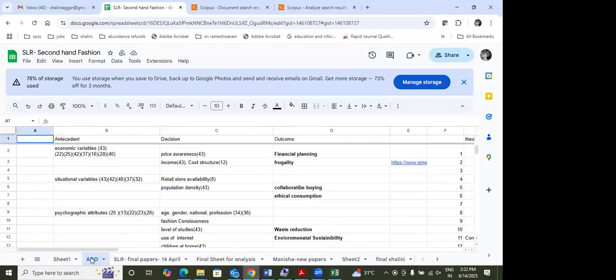Okay, so how do we make this? You have seen the structure that is there for ADO, but how do we find this? What are the different variables that we get? I have written over here: this is antecedent, decisions, and this is outcome. This is my other paper, and I will tell you how we have done this.